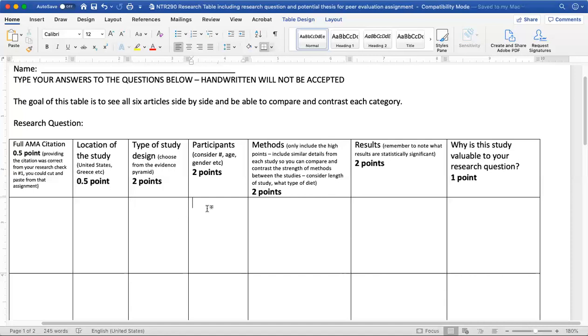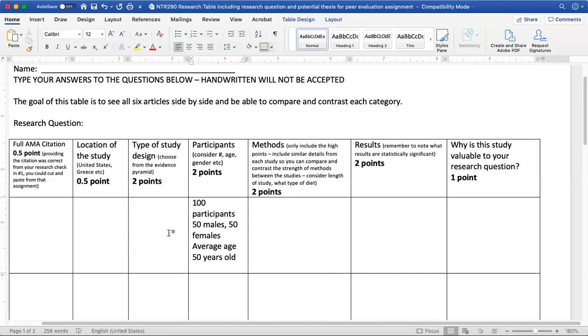When you describe your participants, it's really important when you're cross-comparing to include some vital details here. So say you had a study with 100 participants with maybe 50 males, 50 females, if that's how it lists it. Average age was 50 years old.